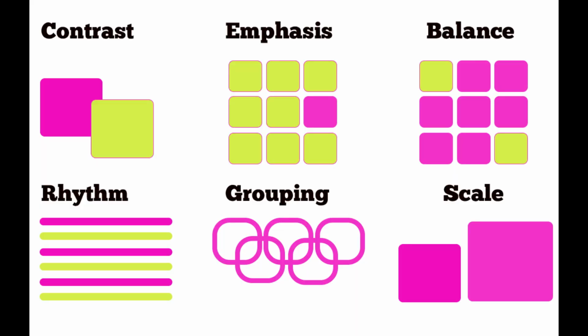And the grammar, how those elements are used, comes from the principles of design: contrast, emphasis, balance, rhythm, grouping, and scale. Every time you make a design choice, you are speaking visually, whether you mean to or not.